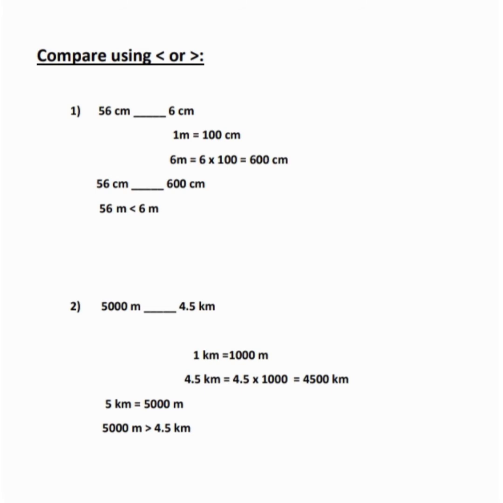Now when we compare 5000 meter and 4.5 kilometer, 5000 meter is greater than 4.5 kilometer. When we compare these two numbers, 5000 meter is big. So 5000 meter is greater than 4.5 kilometer.